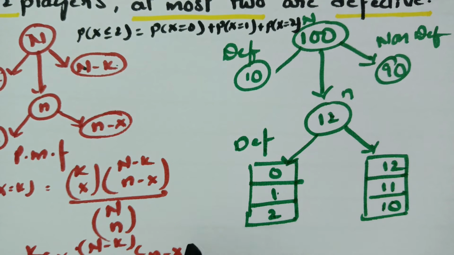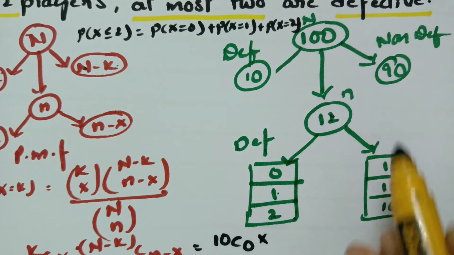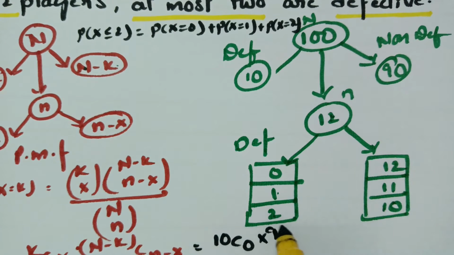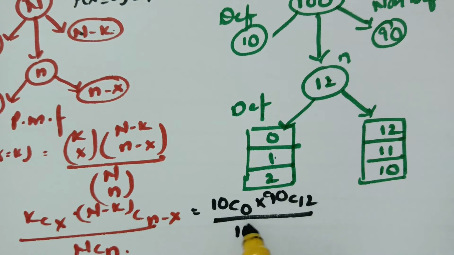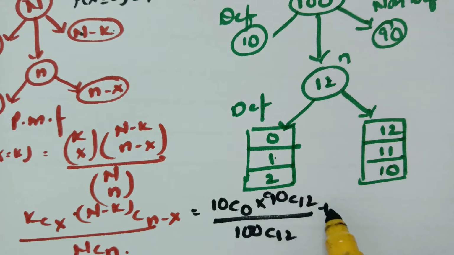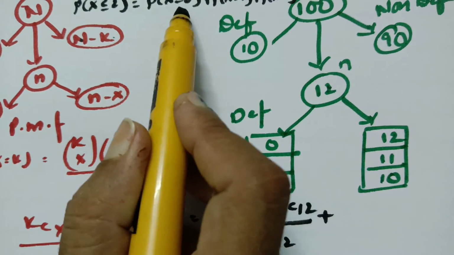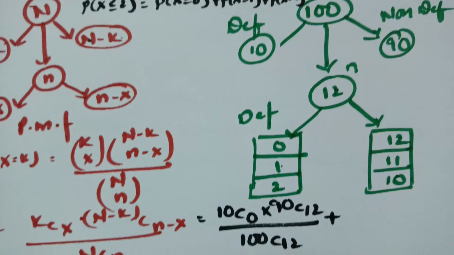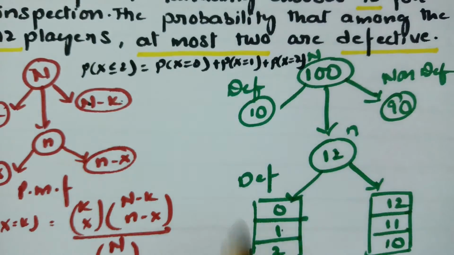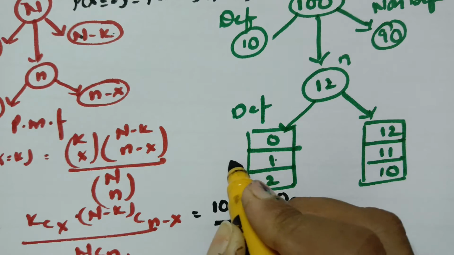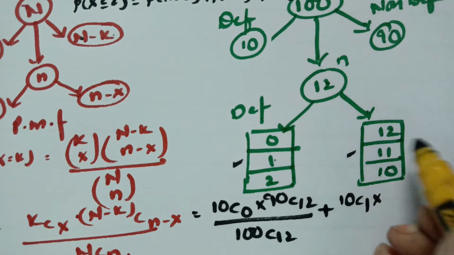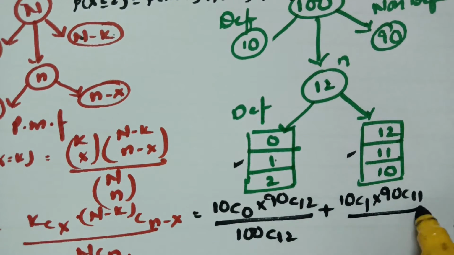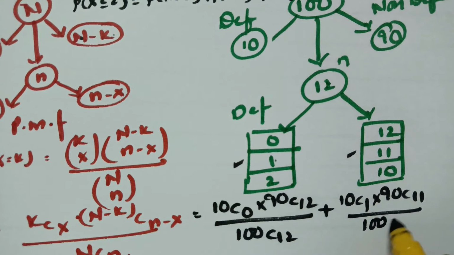The probability mass function for x equal to 0 is 10C0 times 90C12 divided by 100C12, plus, for x equal to 1, 10C1 times 90C11 divided by 100C12.